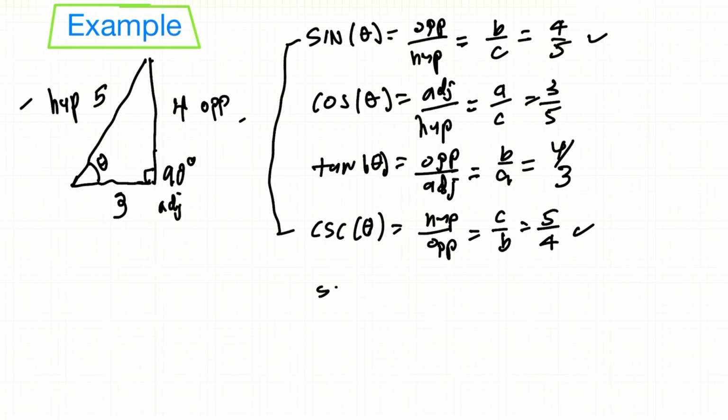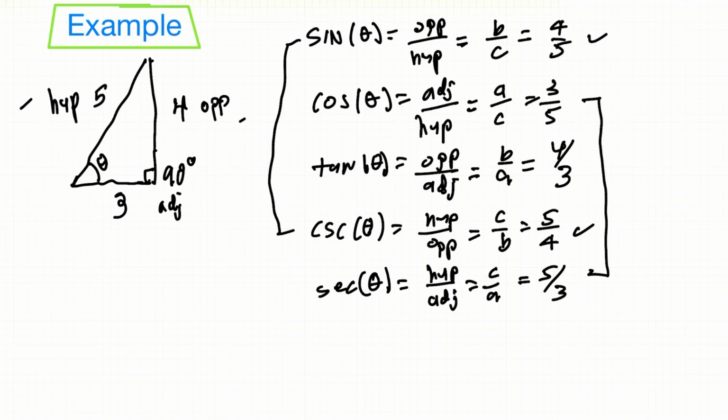Now let's do the secant of theta. That is equal to the hypotenuse over the adjacent side, c divided by a, 5 over 3. That should be the reciprocal of the cosine, and yes, 3 over 5 is the reciprocal of 5 over 3. So those match. That makes sense.